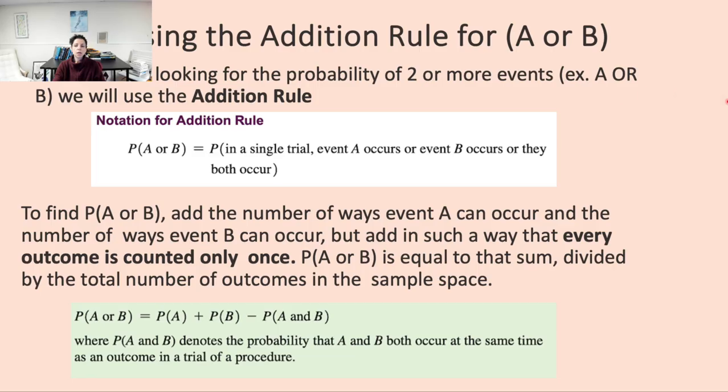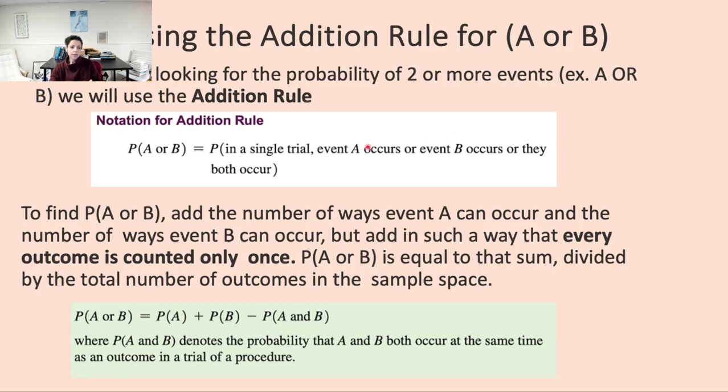So let's look at the condition of the or statements. Okay? Probability of A or B occurring. In that case, we're generally going to use something called the addition rule. If we're looking at the probability of two or more events where A or B, we're going to use the addition rule.